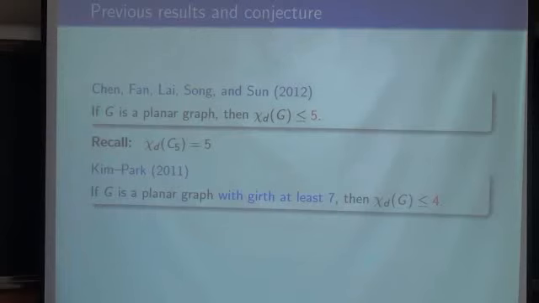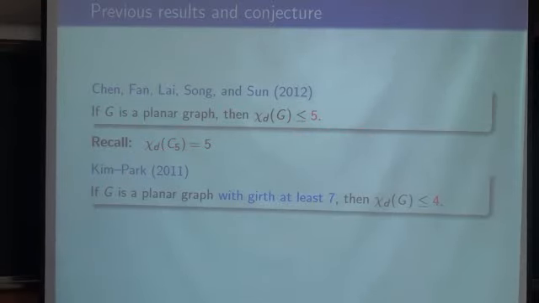Chen, Fan, Lai, Song, and Soon in 2012 showed that if G is a planar graph, then the dynamic chromatic number is at most 5, which is 1 bigger than the upper bound of the chromatic number for planar graphs, right? And actually this is best possible because the dynamic chromatic number of C5 was 5, as we did, right?